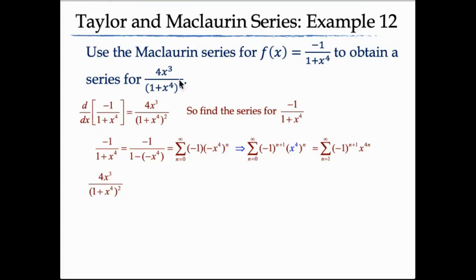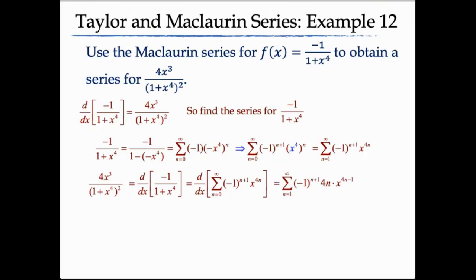So that is equal to the derivative of this other function that we were easily able to determine. So the derivative of that function is going to be the derivative of its series. Because it's a polynomial, it's just going to be this constant times 4n times x to the 4n minus 1. And that right there is the series for this rational expression.